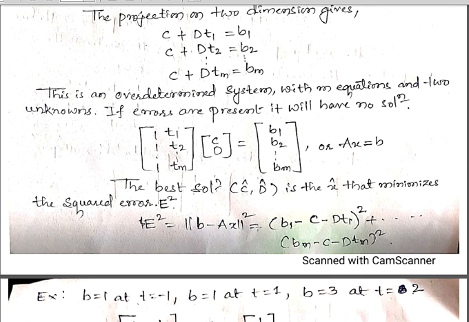When we expand this, B for the first term is B1 minus Ax, and Ax is C + Dt1. So it would be like (B1 - C - Dt1) plus (B2 - C - Dt2), and this way it continues up till the last one, (Bm - C - Dtm), the square.